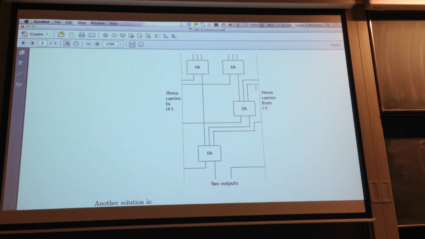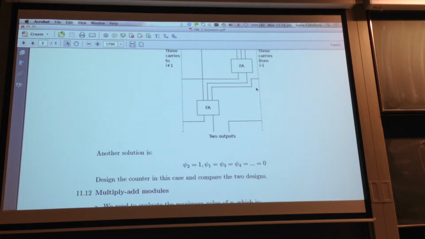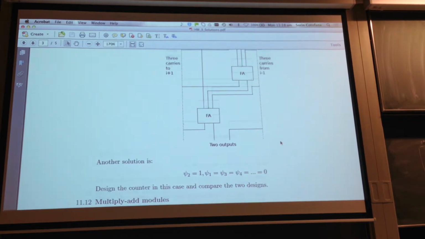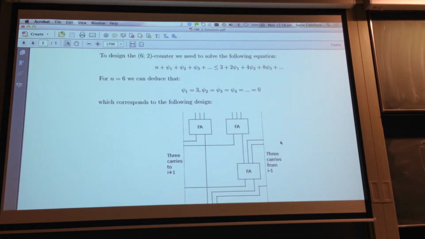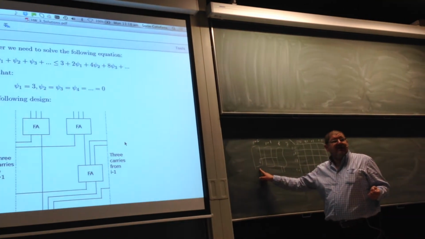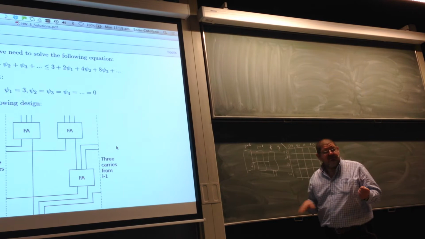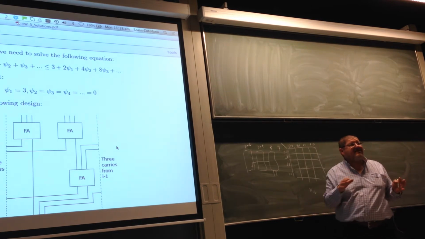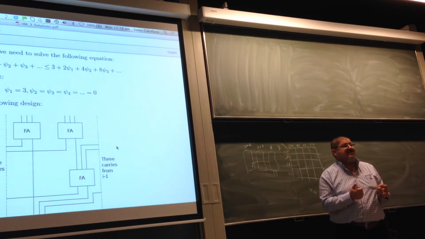Then try now to solve the question with the second solution. Instead of generating carry to the next, I'm generating a carry to the second next, which means my intuition will tell me that the designs are kind of similar.